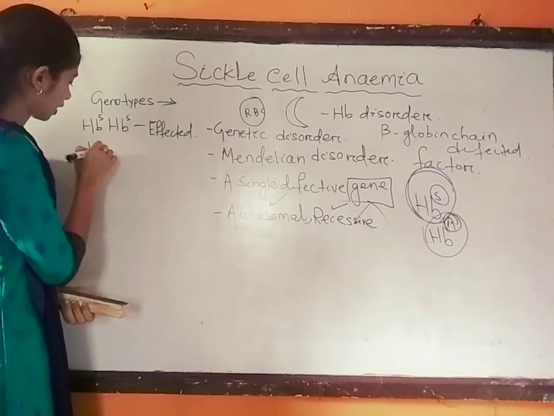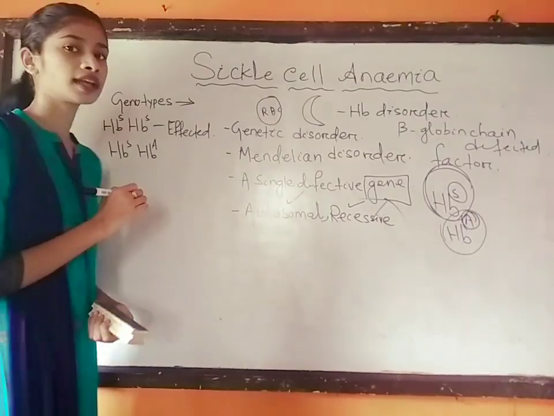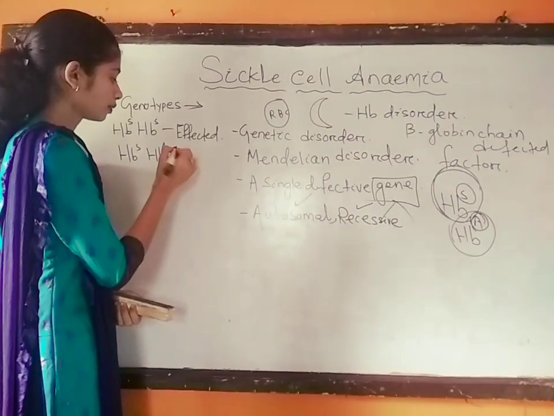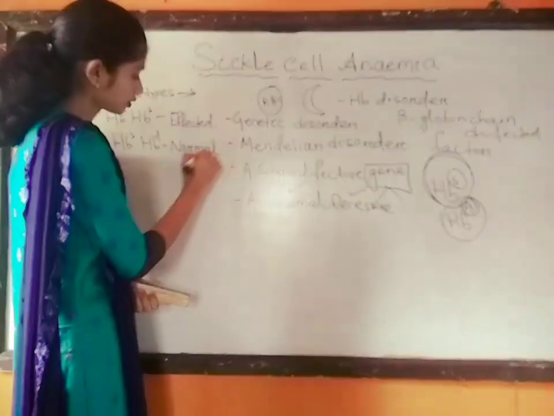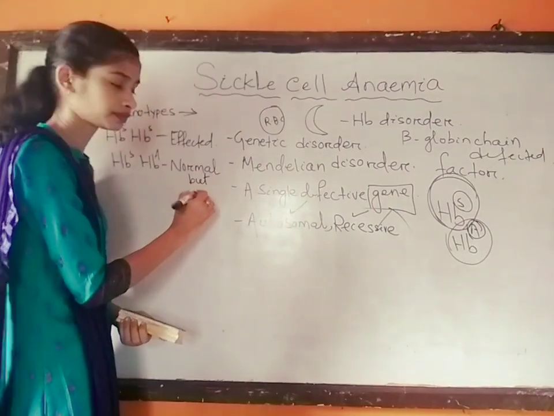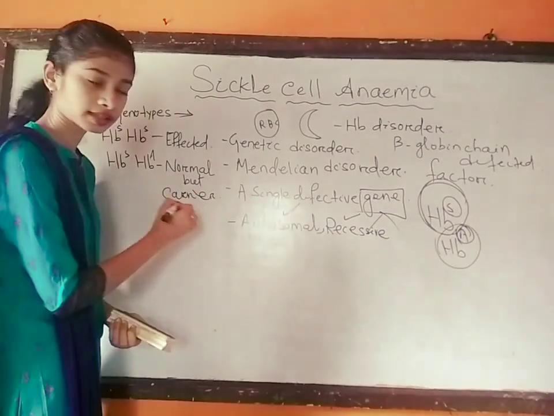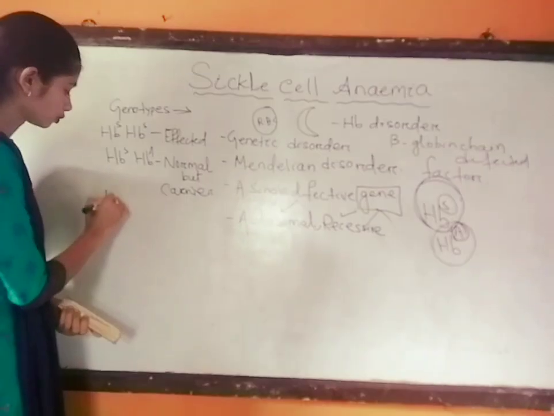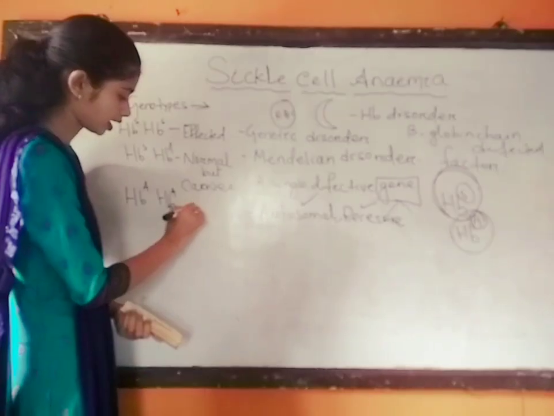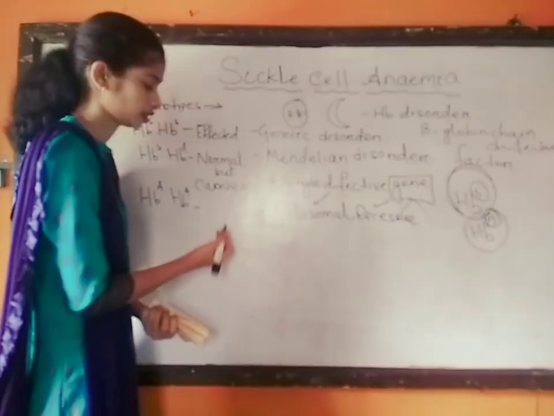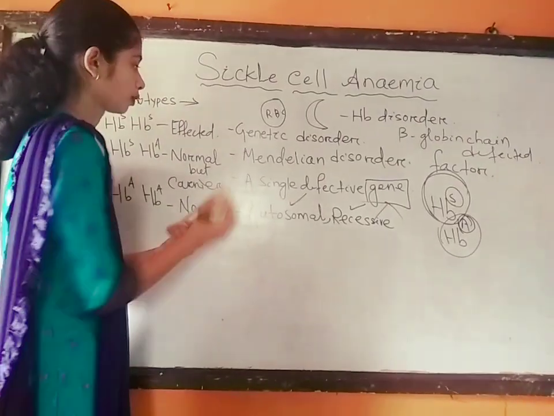If they are heterozygous, HBS and HBA, one normal and one recessive, then the patient will be normal but a carrier. Then if both are homozygous normal, HBA HBA, it will be a normal person.